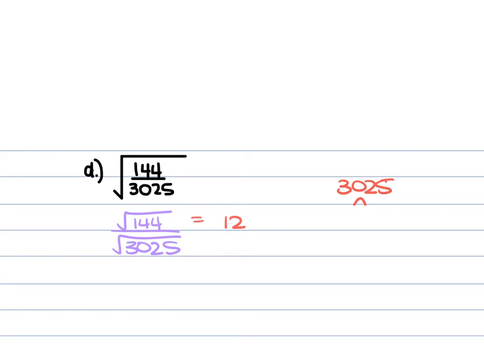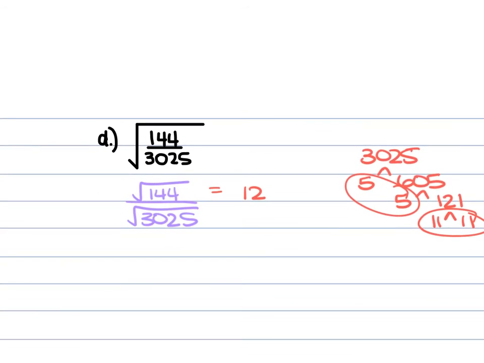So we know that it is 5 times 605. That's 5. And 121. 121 is 11 and 11. So this is 5 times 11, which is 55. So 12 over 55.